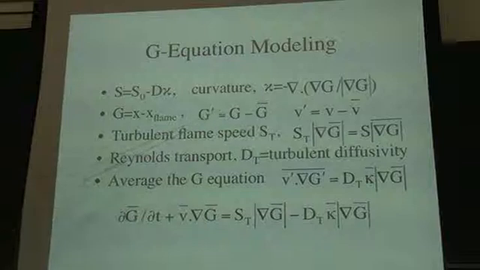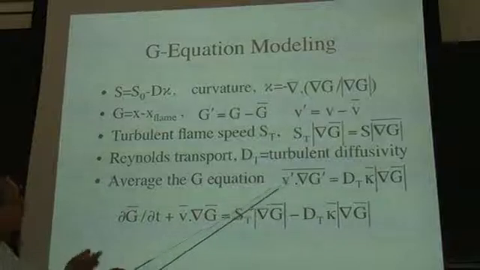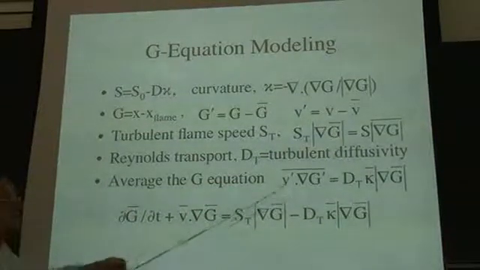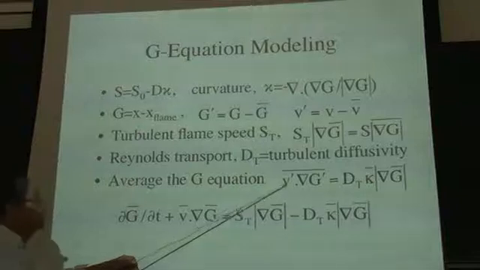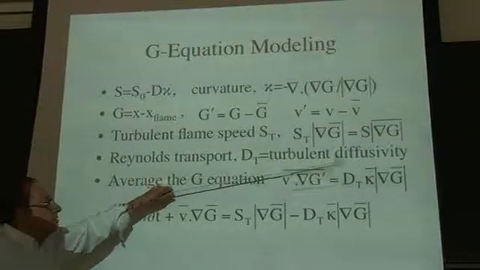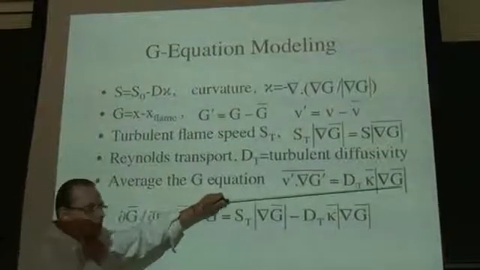If you average V dot grad G, you get the analog of the Reynolds transport, which is V prime dot grad G prime bar, and the suggestion is to model this thing.